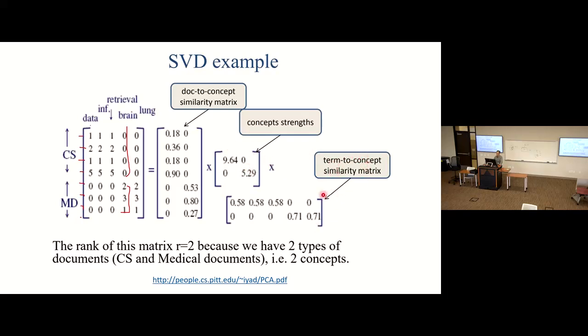The terms by 2 components matrix is the last. So we decompose the frequency of the words in the 2 sets of different types of literature into these components. Each component has its own meaning.